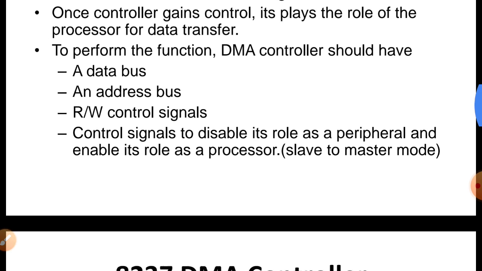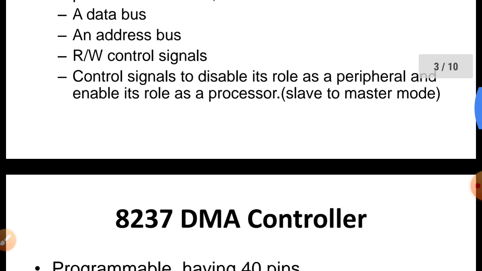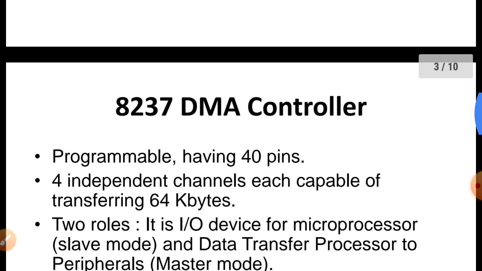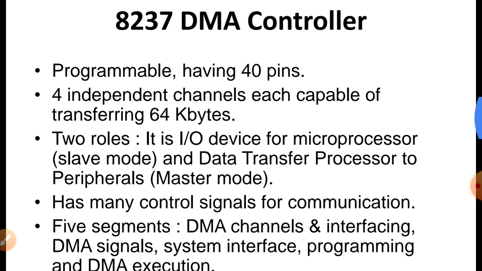As I told you, it works in a slave mode as well as in the master mode. One time it is working as a slave, another time it is working as a master. Now let us come directly to the 8237 DMA controller.